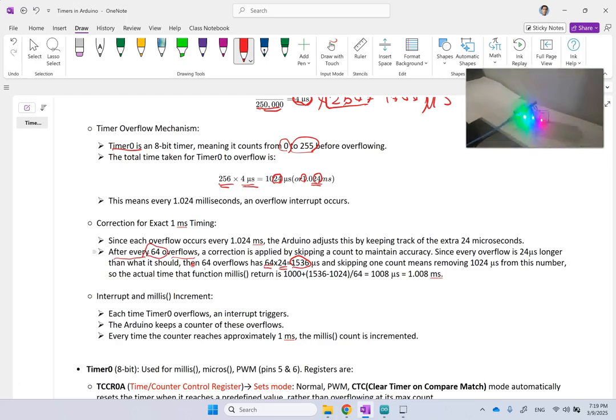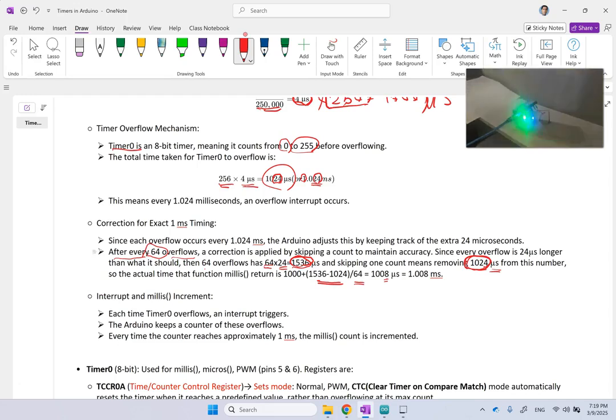Now, since you don't count one of the overflows, remember, one overflow means 1024 microseconds based on what we just learned. So you have to subtract that 1536 from 1024. That is the remaining that you still should divide between all of those 64 of them, and that is 8.